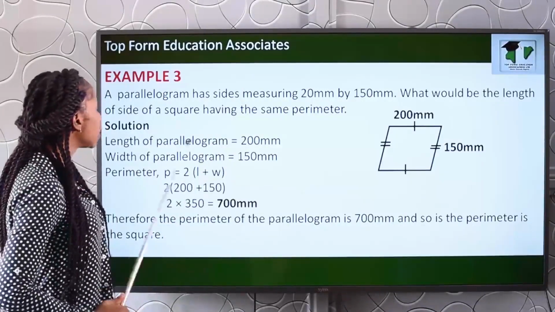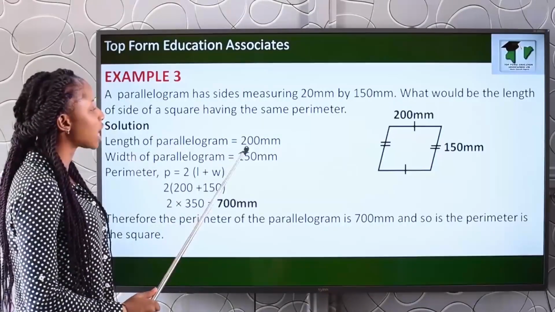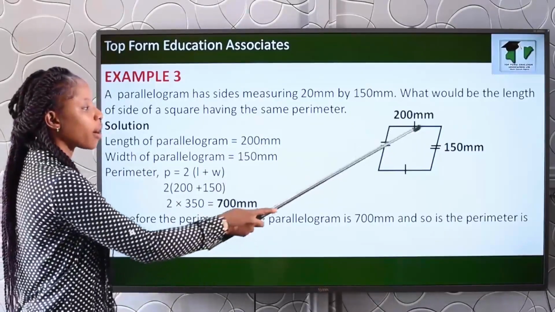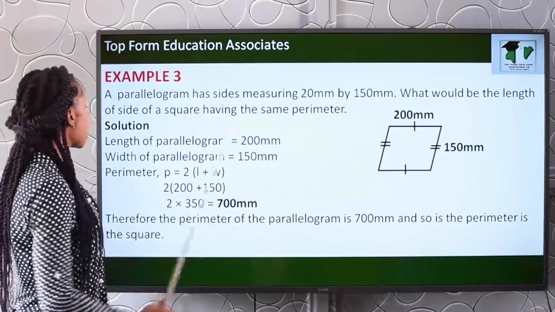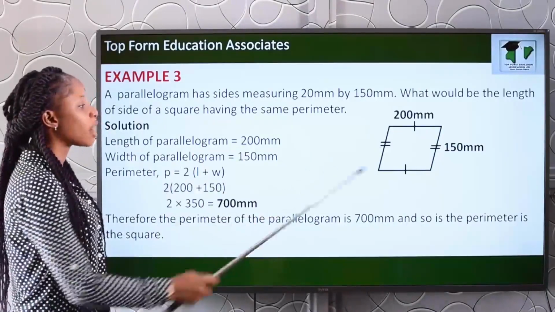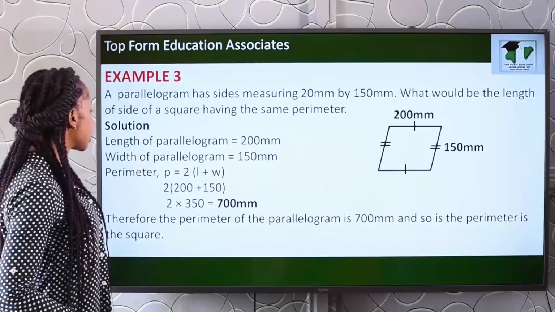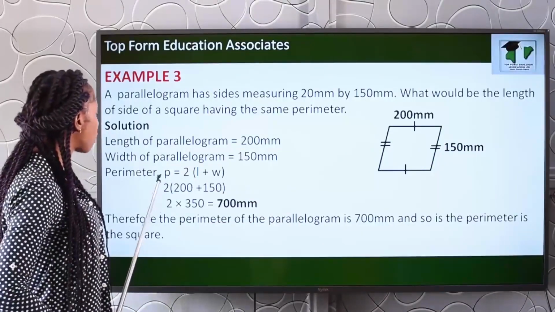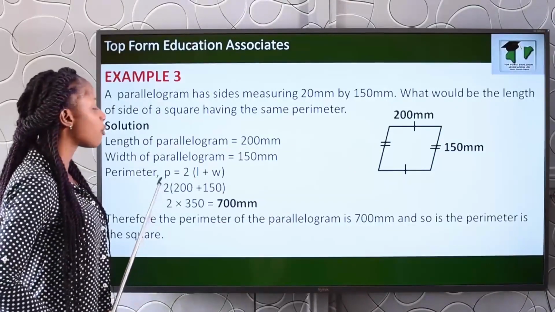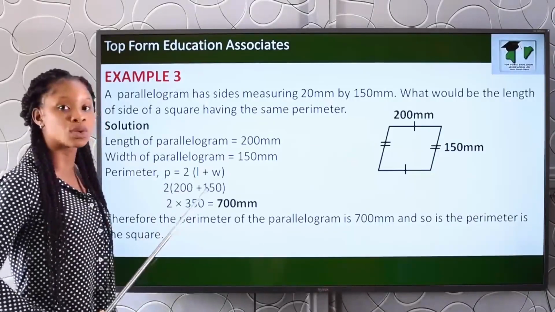Now let's go. The length of the parallelogram is given as 200 millimeters. This is our parallelogram, and the width is given as 150 millimeters. Now the perimeter, like we've discovered, the formula for perimeter is 2 open bracket length plus width.